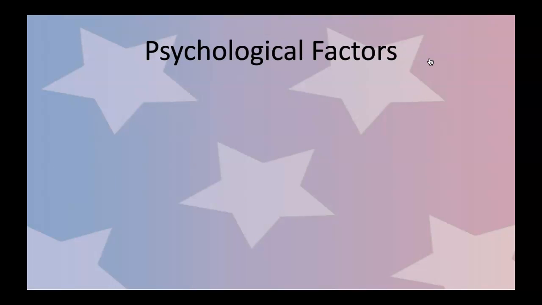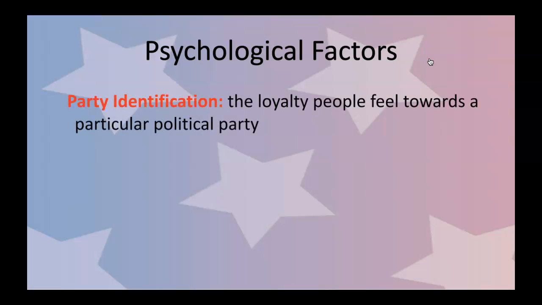Let's go ahead and look at psychological factors now. This is the second part of our presentation when we look at the way that people might perceive political opinions and viewpoints as well. Party identification is really important to people, and so the loyalty that people feel towards a particular political party does matter and does play a certain psychological role.